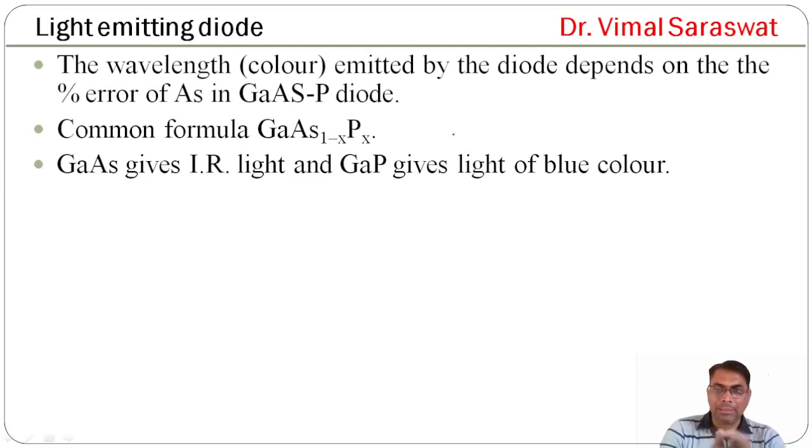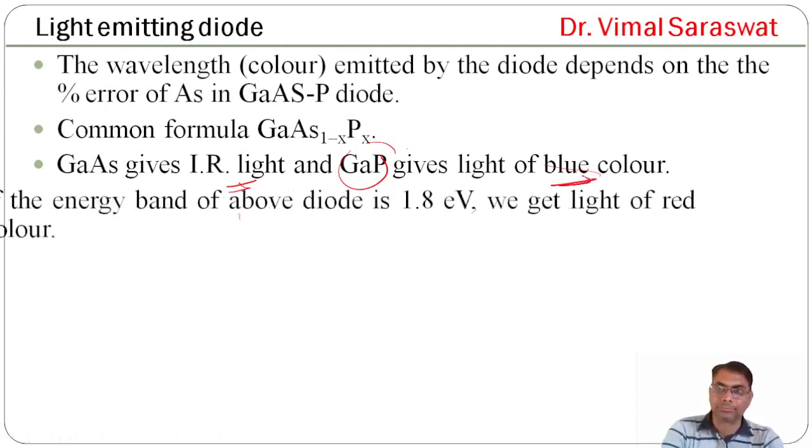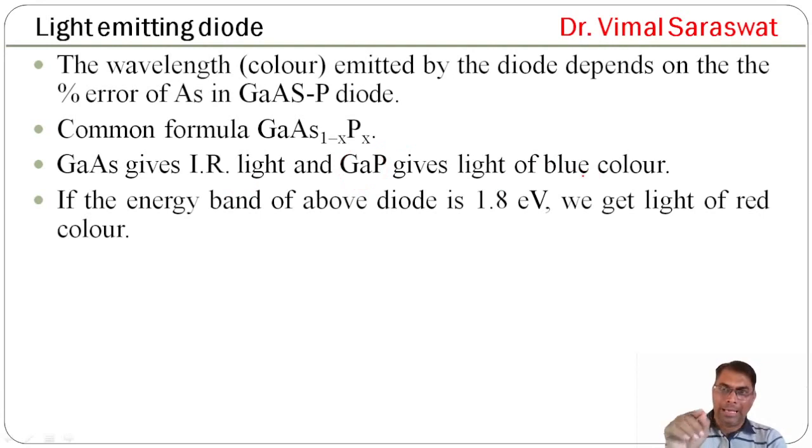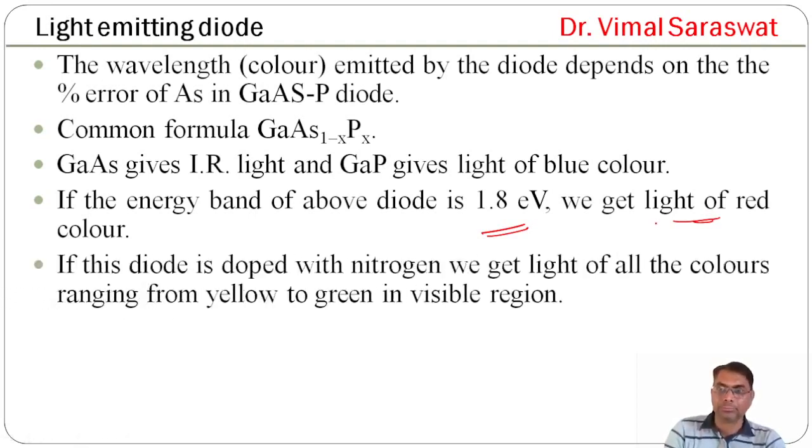Gallium arsenide gives infrared light and gallium phosphide gives light of blue color. If the energy band gap of the above diode is 1.8 electron volt, then we get light of red color. And if this diode is doped with nitrogen, then we get light of colors ranging from yellow to green in the visible region.